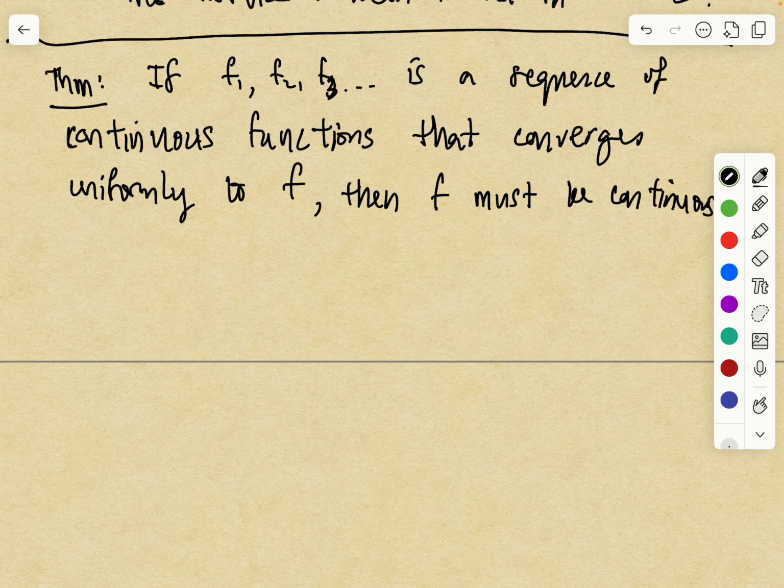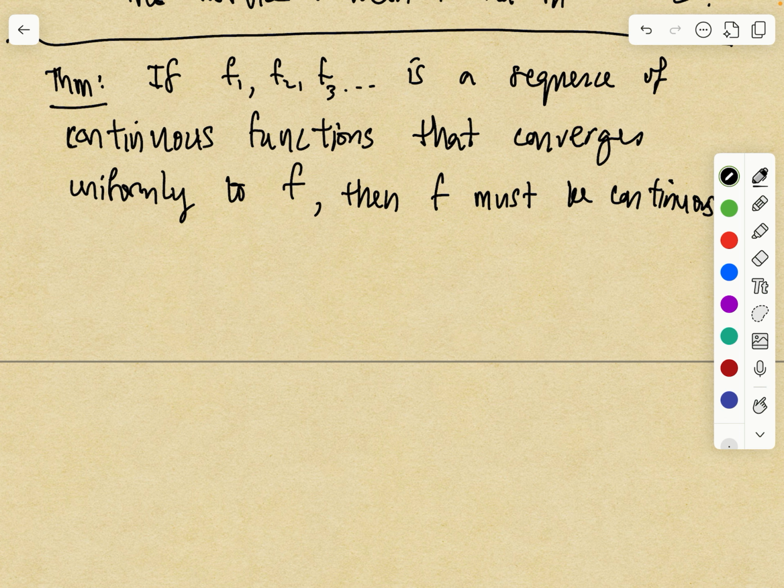So what this is essentially saying is that your limit must be continuous, right? If you think of these fn's as approximating the function f, if your limit function can be approximated arbitrarily close by continuous functions for every epsilon, then the limit function f must also be continuous.